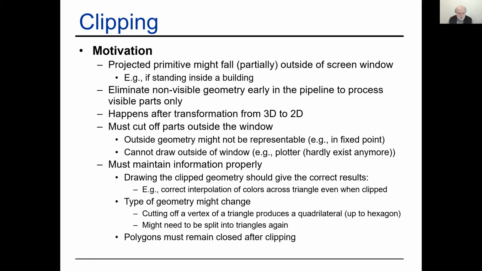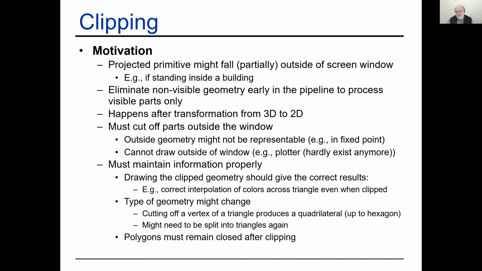The even more important part is that we need to maintain the information. Once we cut off geometry, the part that is outside of a triangle or of a line, we still need to maintain as much of the information as necessary.